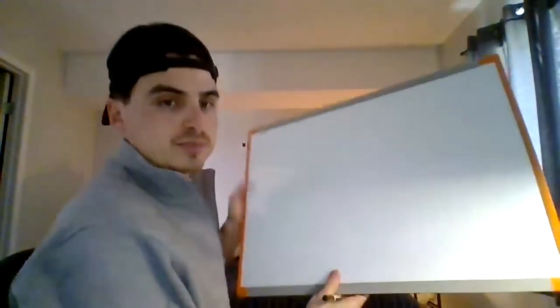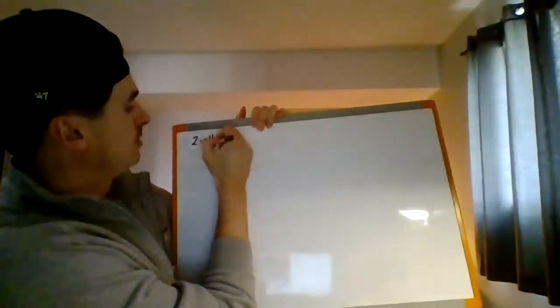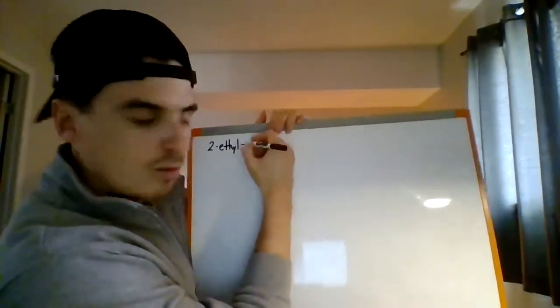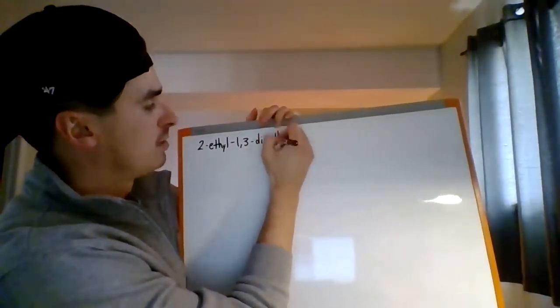So the first thing I need to do is identify what this chemical looks like. So they give me, I'm just going to write it down, 2-ethyl-1,3-dimethylbenzene.